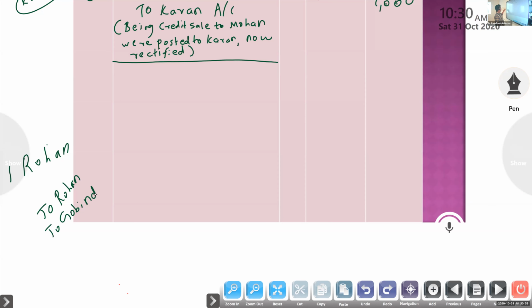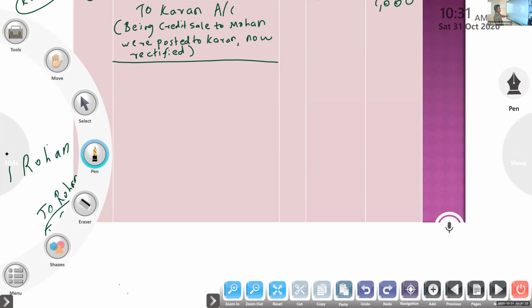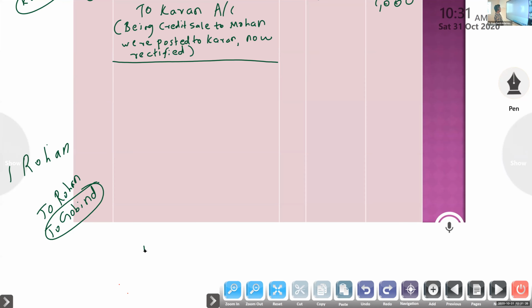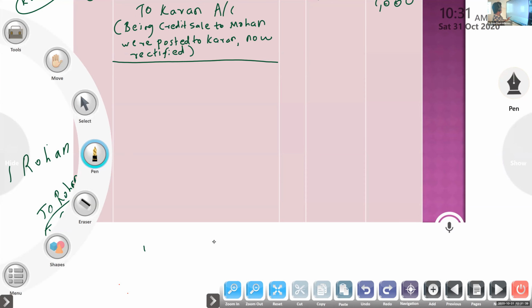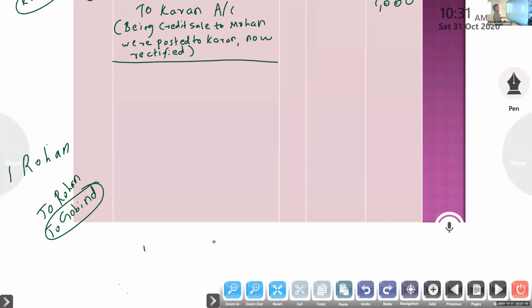So rectification entry. Instead of Rohan, they posted to Govind. Rectification. Correct credit is Rohan.